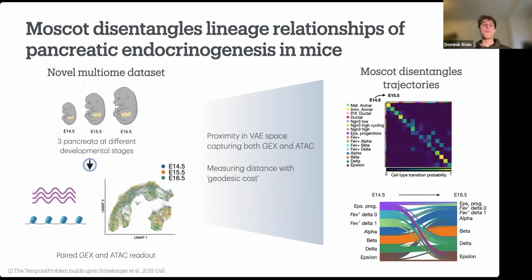We then created a joint embedding of gene expression and ATAC using multiVI, some VAE-based representation incorporating both modalities, and created a cost matrix based on heat diffusion on a graph. This is actually very relevant. I'm not going to go into detail here, but we have it in the paper.